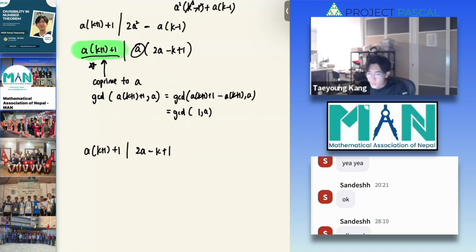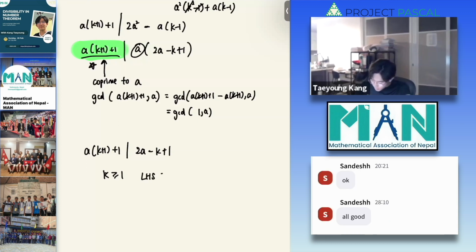And we can go back to our fact 2.3, right? So we already know that k is a positive multiple, right? So k is at least 1 already, correct? Wait, I guess k can be 0 too. But if k is at least 1, we notice that the left hand side is larger than the right hand side.